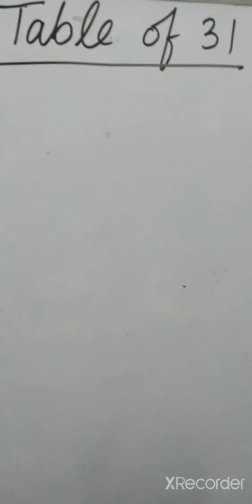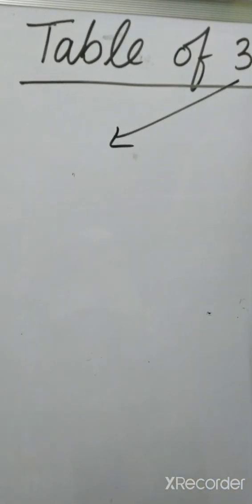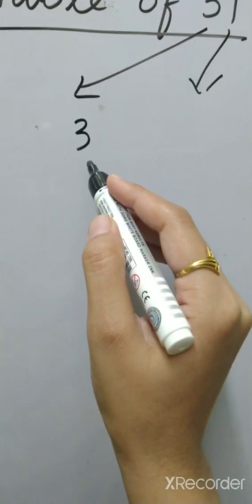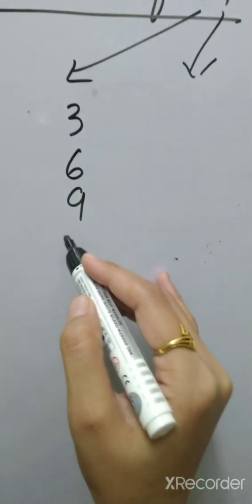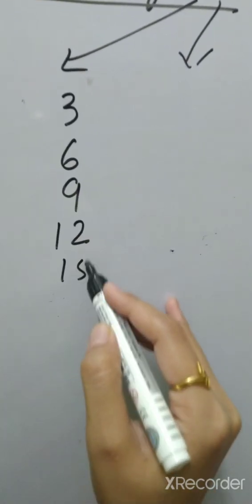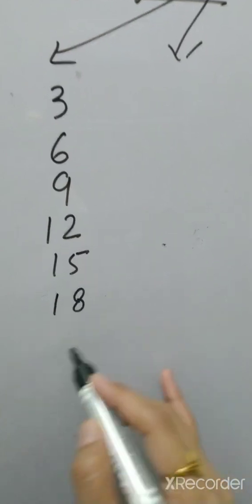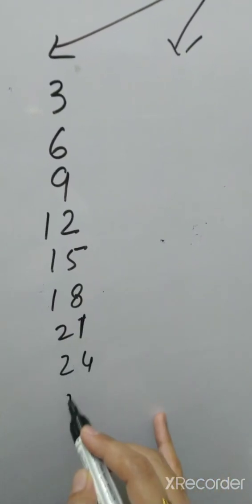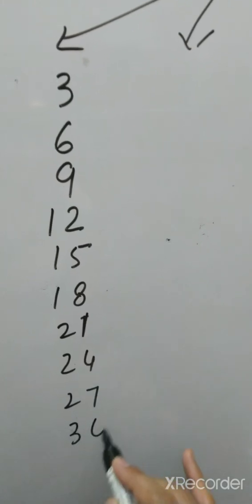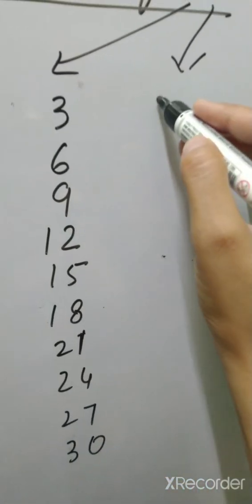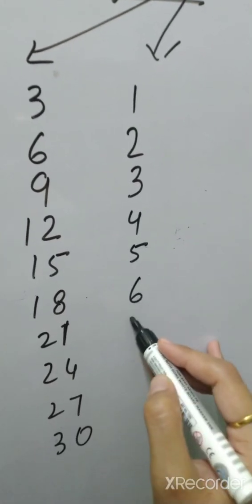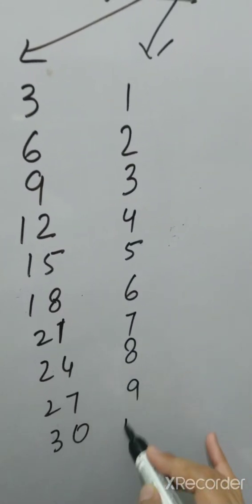For example, if it is 31, then you will first write the table of 3 and then the table of 1 and add both. Let's see. 3 1s are 3, 3 2s are 6, 3 3s are 9, 3 4s are 12, 3 5s are 15, 3 6s are 18, 3 7s are 21, 3 8s are 24, 3 9s are 27, 3 10s are 30. And for 1 it is 1, 2, 3, 4, 5, 6, 7, 8, 9 and 10.